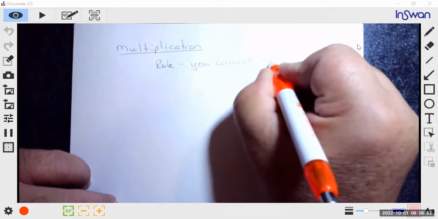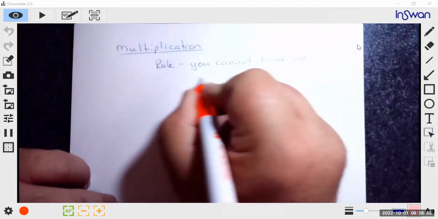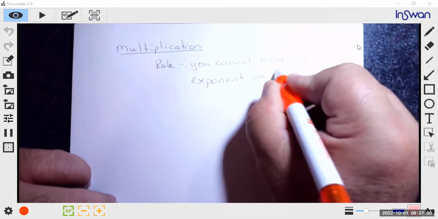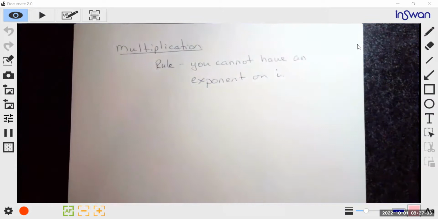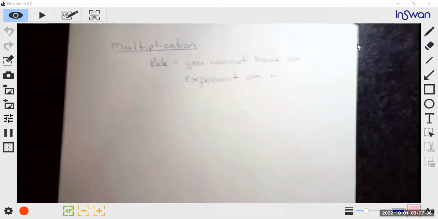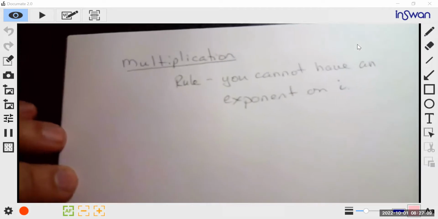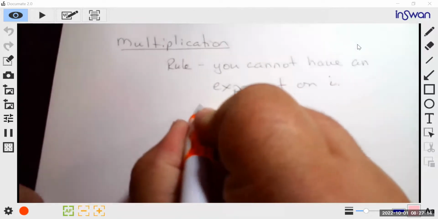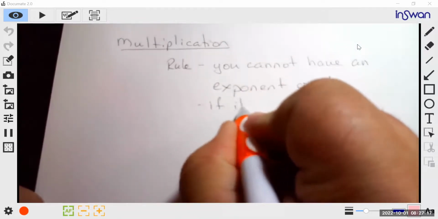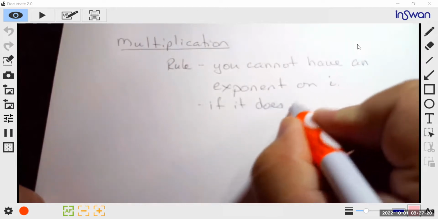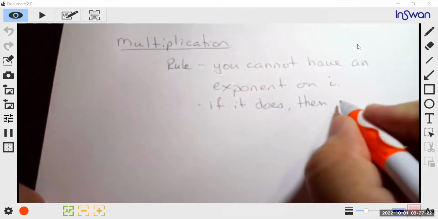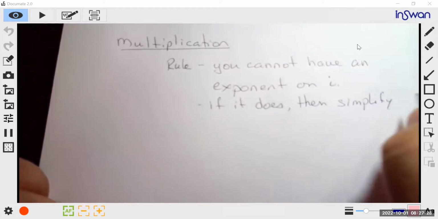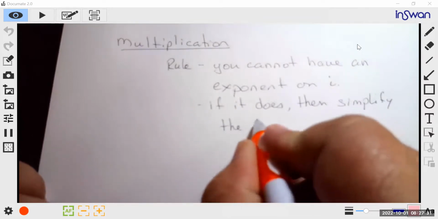You cannot have an exponent on I. I cannot have an exponent. If it does, then simplify the term.